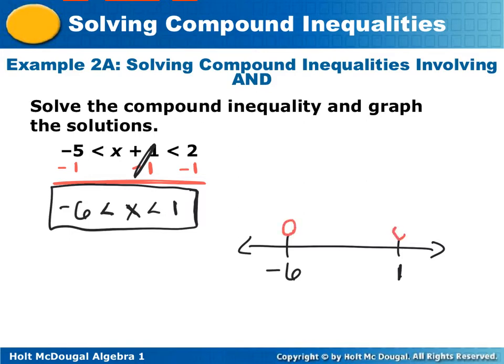Now, do you think eventually we're going to get to where you could have one open and one closed? Yeah, that's eventually going to happen. So be on the lookout for that. I think it happens in your homework. Okay? Now, since the x is in the middle of the numbers, that means what do we do to these dots? We connect them. So that would be your graph.